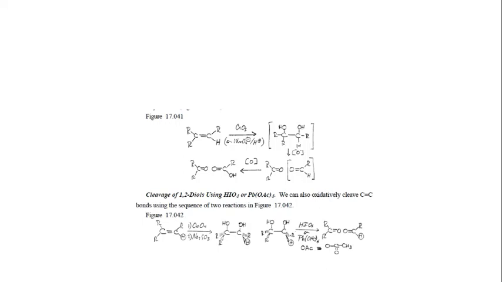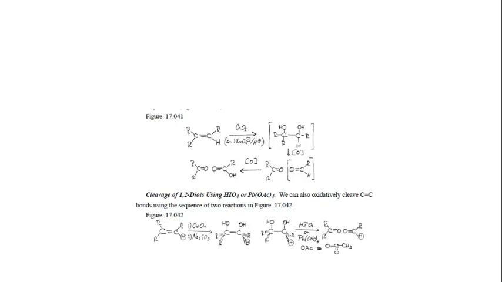But if we treat after the acid workup, that can be cleaved completely, similarly using HIO4 and lead tetraacetate. So the main mechanism for HIO4 and lead tetraacetate is exactly like the KMnO4.